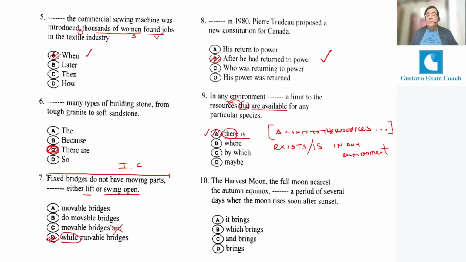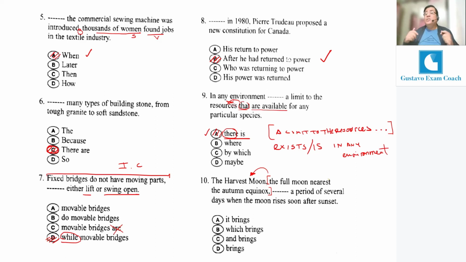Finally, we have number 10. The harvest moon, the full moon nearest the autumn equinox, comma. So we know that this comma delimits the phrase, the full moon nearest the autumn equinox, which modifies the harvest moon, right? So the harvest moon must be the subject probably. But it says blank, a period of several days when the moon rises soon after sunset. When the moon rises is a subordinate clause.